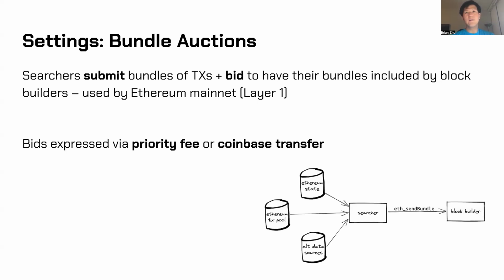But if you use the Coinbase transfer, then you'll only be charged the gas fee if your transaction fails. So your bid won't be charged or be considered in the reverted transaction fees that you pay.